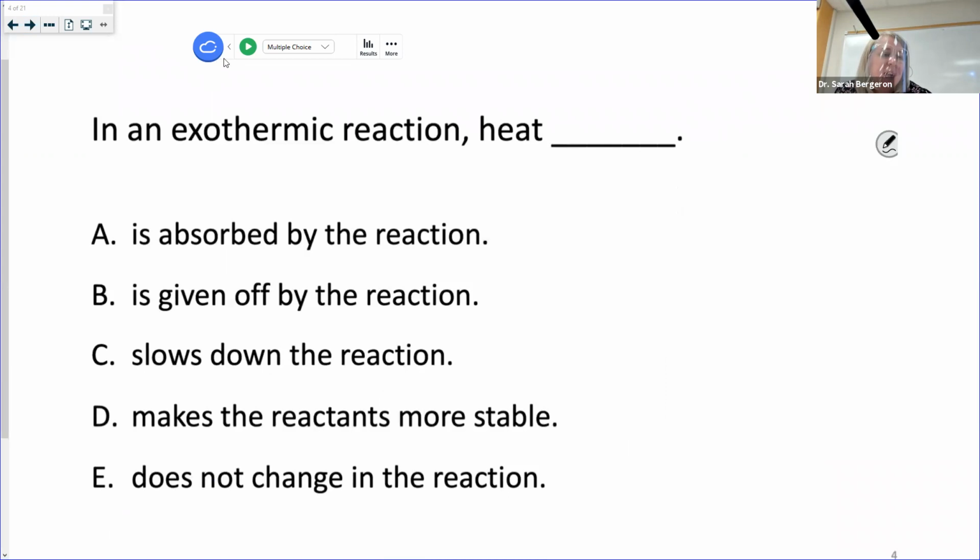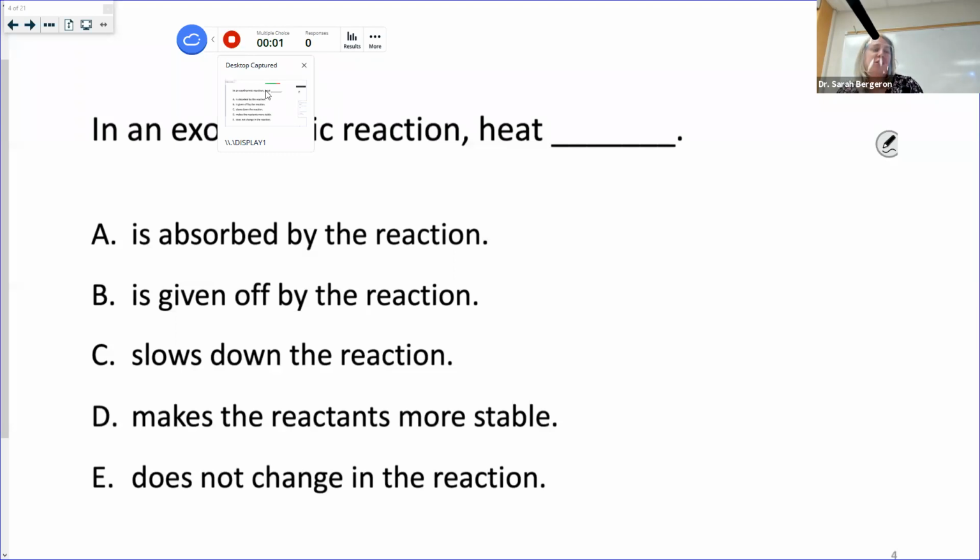Okay. In an exothermic reaction, heat blank. One minute.